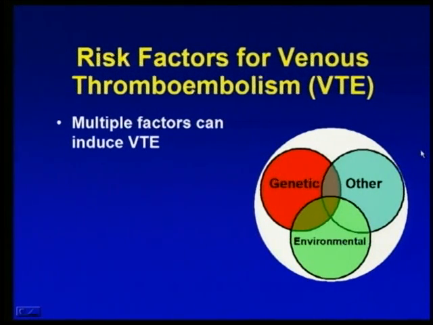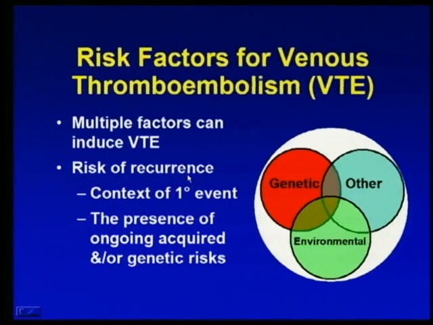In this case, it may be acquired antiphospholipid antibodies, but they may be associated with genetic or inherited hypercoagulable states, or thrombophilia. There may be environmental or situational risk factors, like sitting on a plane for 10 hours, or just having surgery and being immobilized. Or there may be other risk factors such as birth control pills or pregnancy. They may, again, be additive in resulting in a venous thromboembolic event.